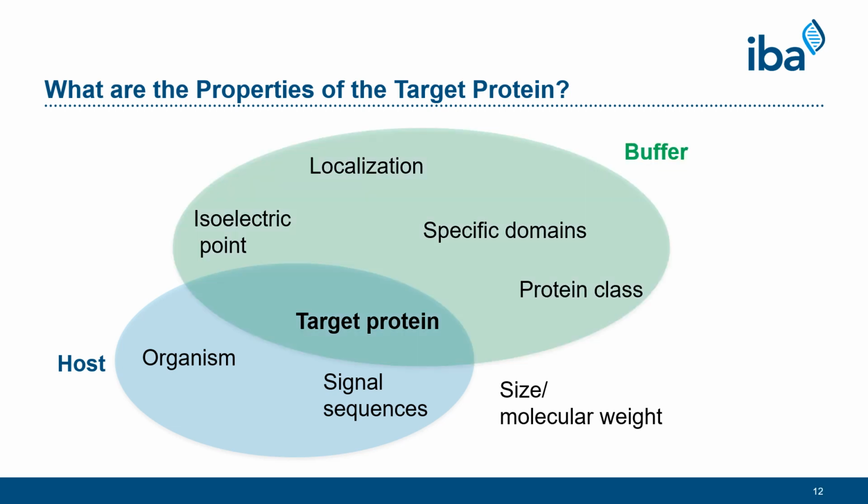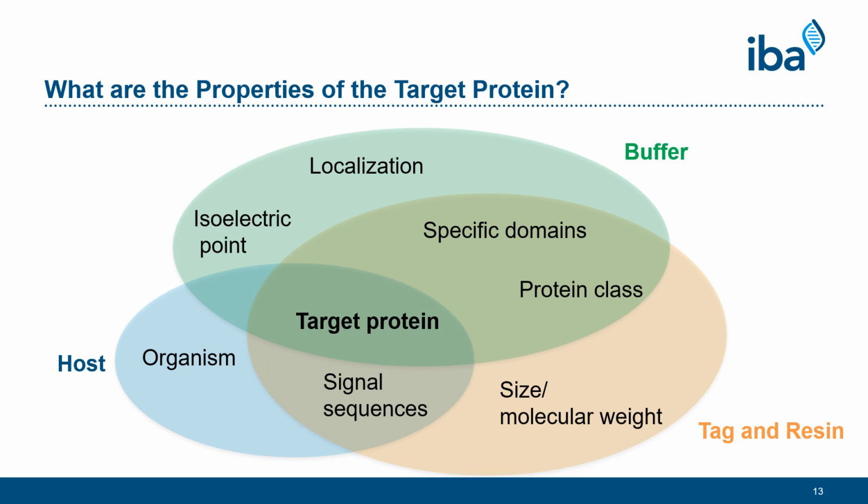The localization, isoelectric point, domains, and protein class are necessary for selection of the appropriate buffer system. Signal sequences, size or molecular weight, protein class, and specific domains are necessary for the selection of the tag and the appropriate affinity chromatography resin.